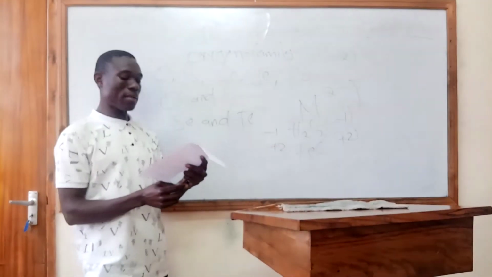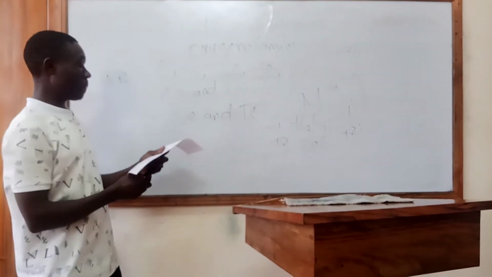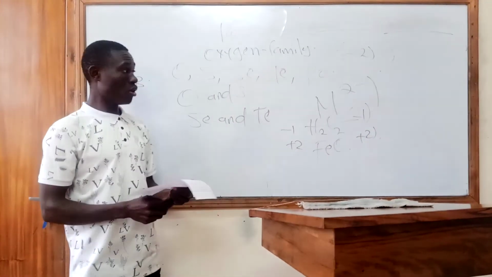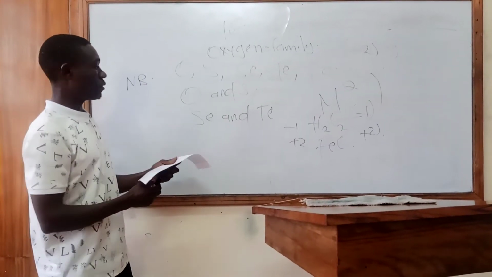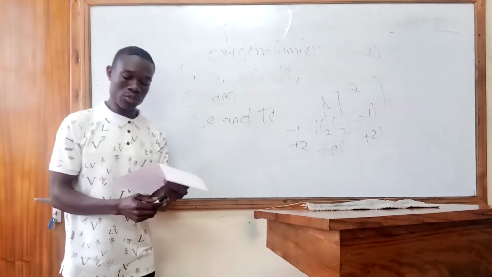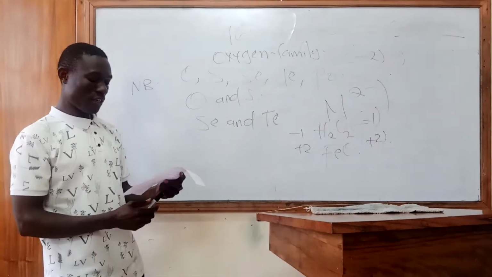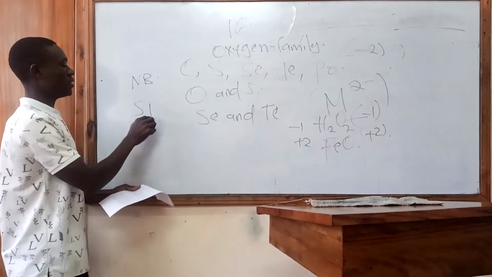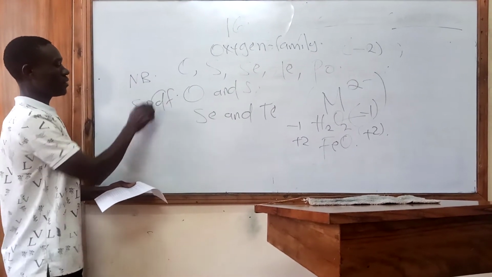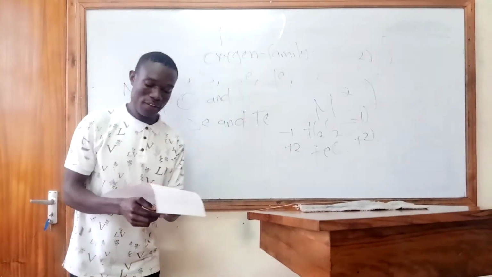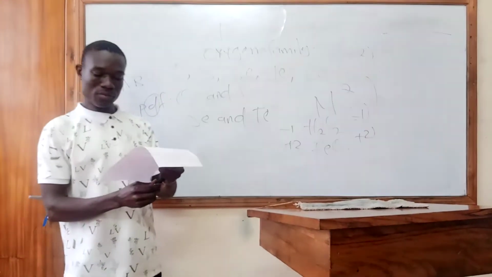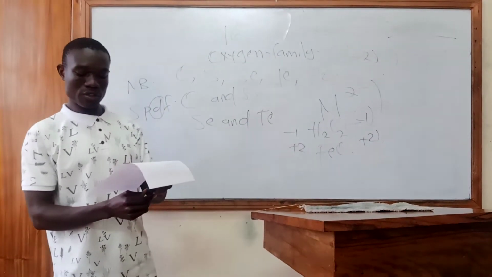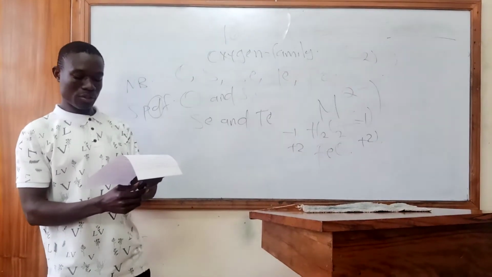Polonium does not show any negative oxidation state. Then sulfur, selenium and tellurium are able to show +4 and +6 oxidation states, due to the availability of vacant d orbitals. We are talking about the vacant d orbital.